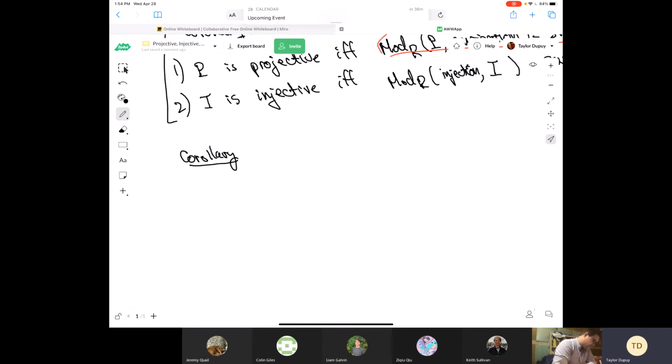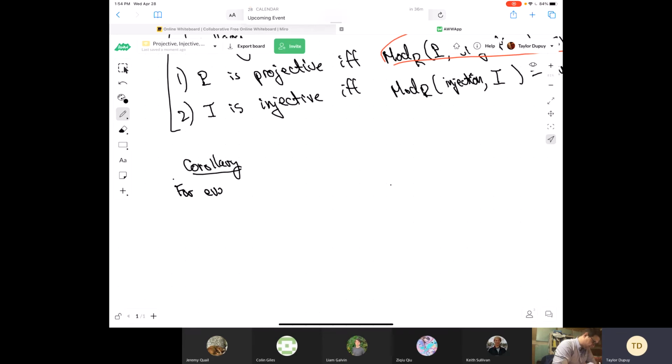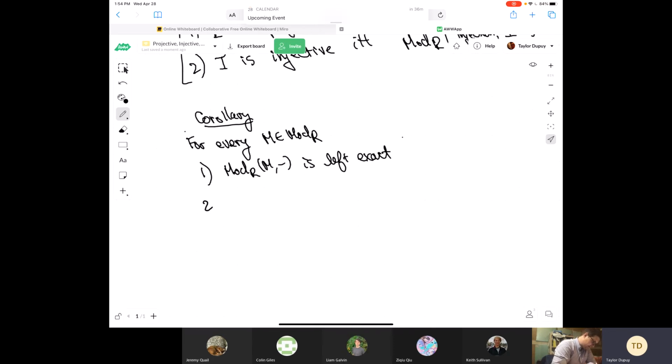For every M, an R-module, the functor, well, let's do this: one, Hom_R(M, -) is left exact, and two, Hom_R(-, M) is left exact.